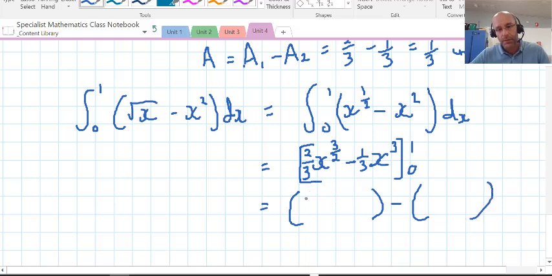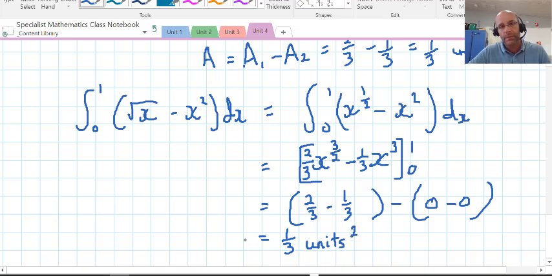So we sub in 1, we get 2/3 minus 1/3. Sub in 0, we get 0 minus 0, and we get 1/3. And if we're talking physical area, 1/3 square units, or units squared. Okay, so that's the required area.